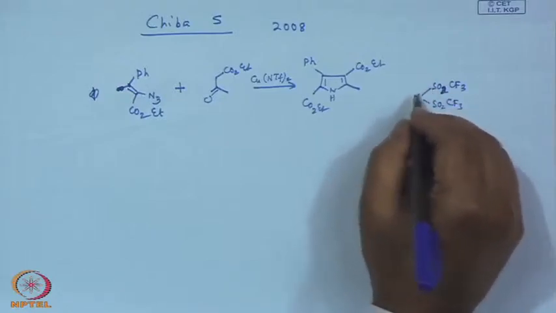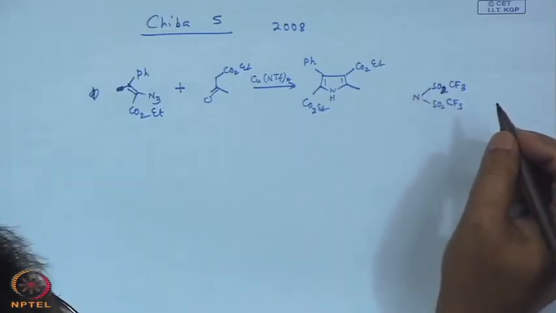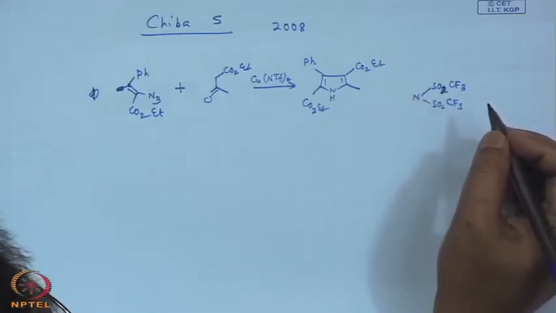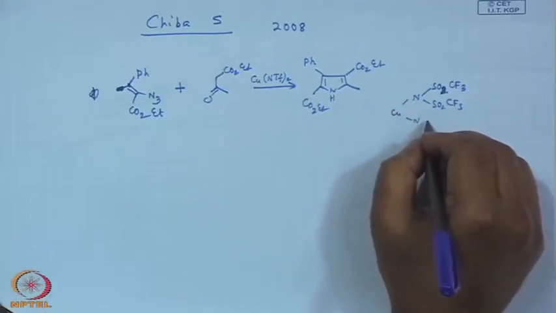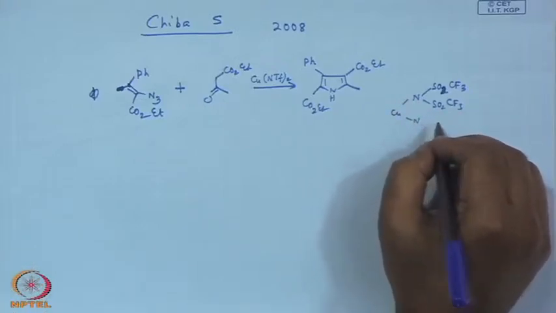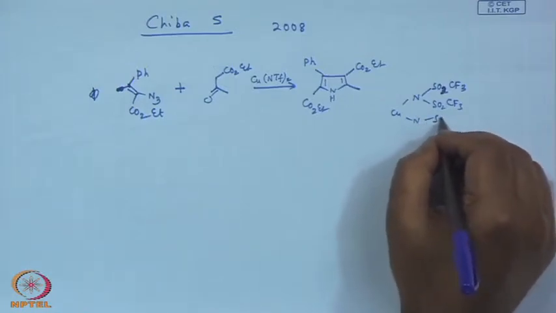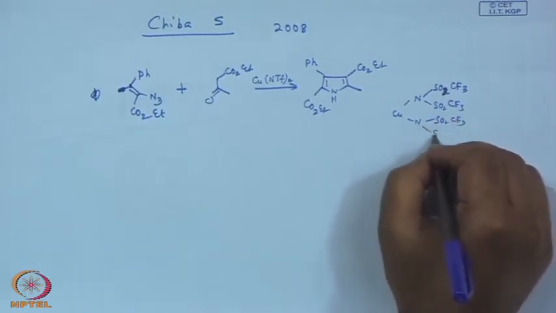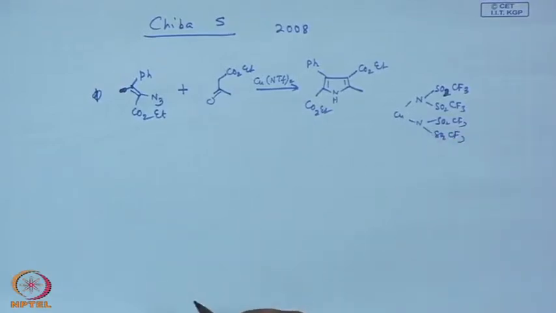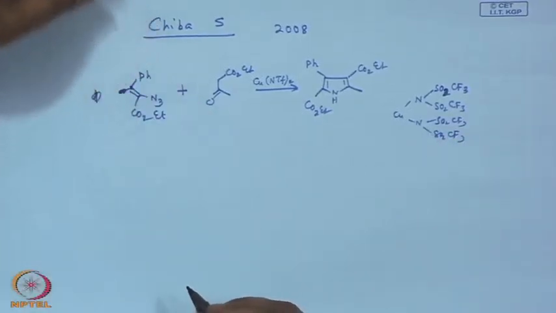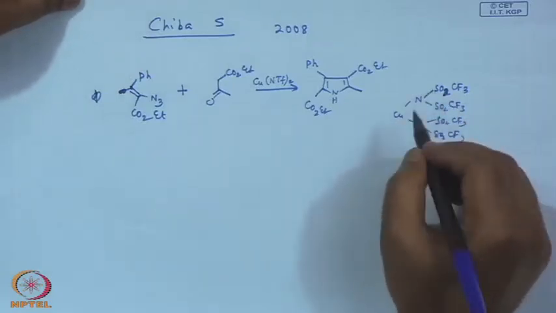So, in this case, that means it would be copper here, one more. So, basically the structure would be bis trifluoromethanesulfonimide. Okay.